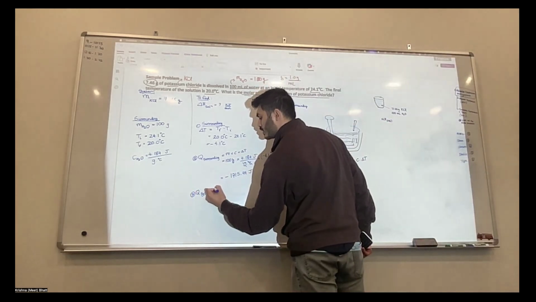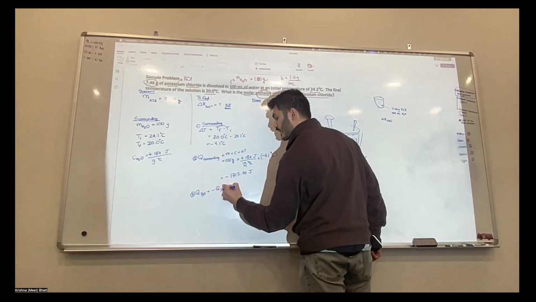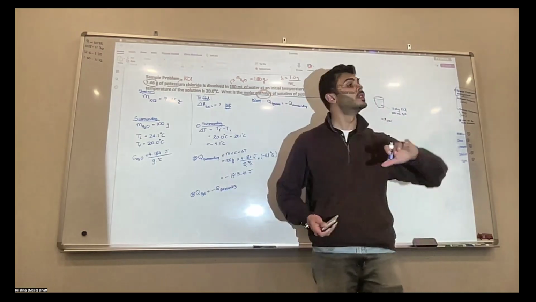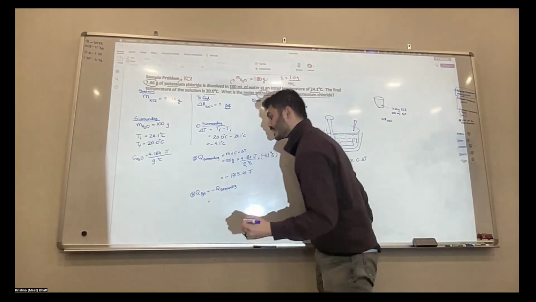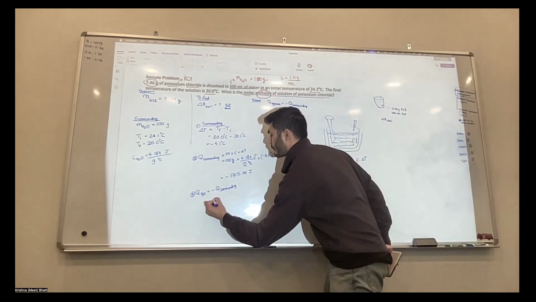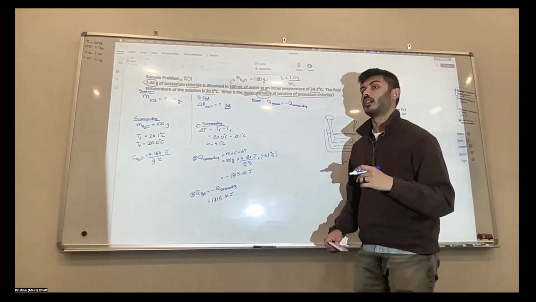Negative Q. Yes, I'm just showing all the work over here. So the Q system is equal to negative Q surrounding. And that means the Q system should be equal to what? 1715.44 joules. All right, sweet.